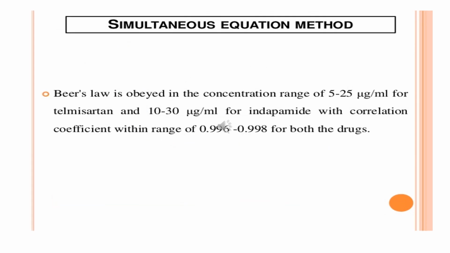Beer's law is obeyed in the concentration range of 5 to 25 microgram per ml for telmisartan and 10 to 30 microgram per ml for indapamide, with correlation coefficient within a range of 0.996 to 0.998 for both drugs.